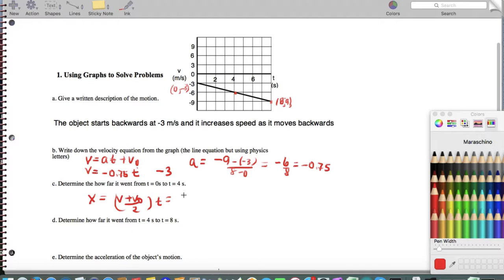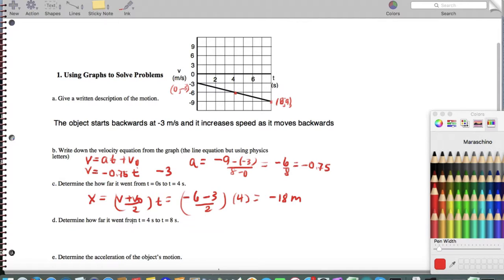So we're going to say here we've got -6 plus -3 all over 2 times the time, which is 4 seconds. So we're going to end up getting, let's see, -6 minus 3 is 9. Divided by 2 times 4, that's going to give me -18 meters. In other words, we moved 18 meters, but backwards.